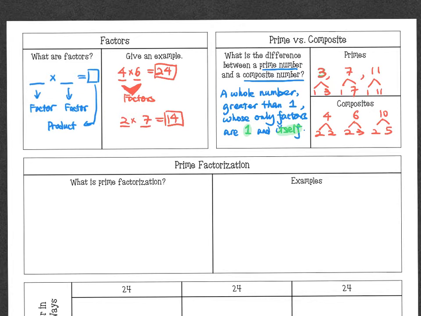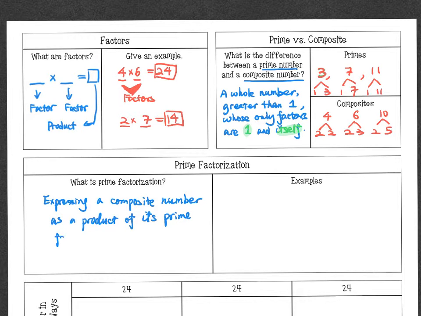Now, what is prime factorization? Prime factorization is expressing a composite number as a product of its prime factors.